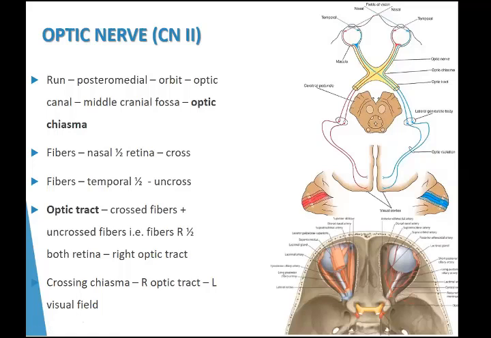So optic tract में you have uncrossed fibers and you also have the crossed fibers. That is right half of both retinae.